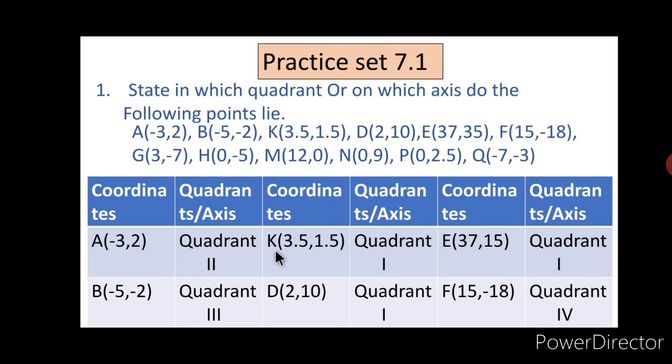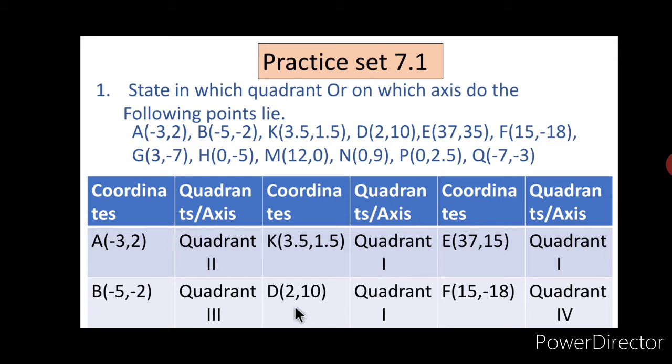Then next point is K, whose x and y coordinates are 3.5 and 1.5, and because of these both coordinates are positive, therefore point K lie in the first quadrant.